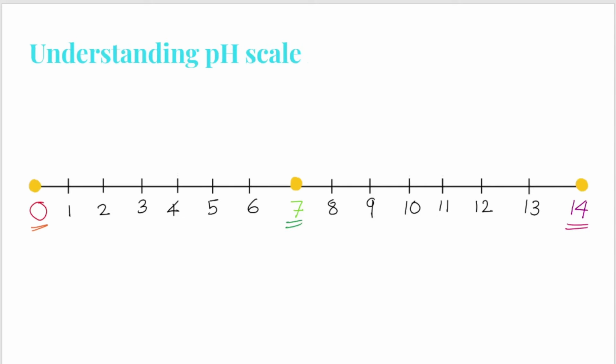This is the pH scale. The pH scale runs from 0 to 14, where 0 represents the most acidic solution's pH values, and 14 represents most alkaline. And what does the middle number 7 represent? That's in green.